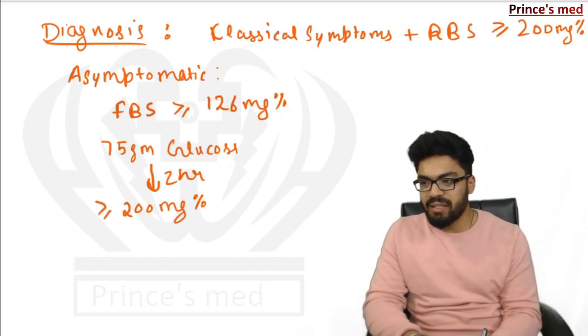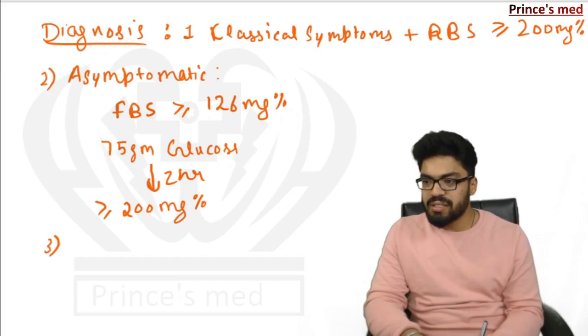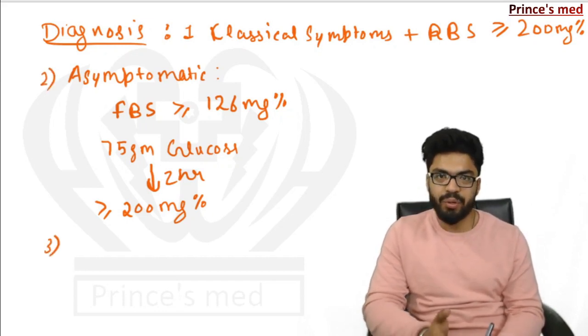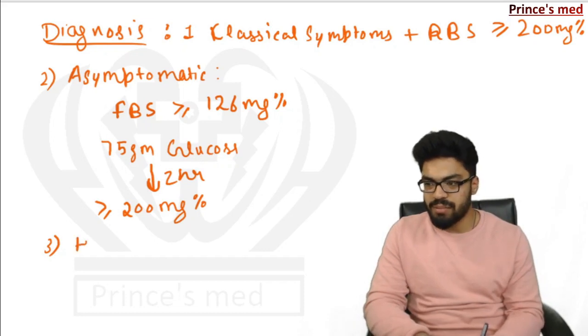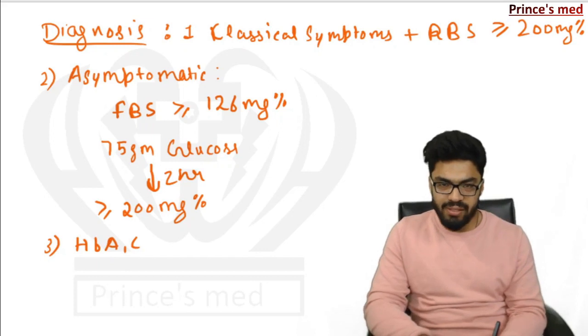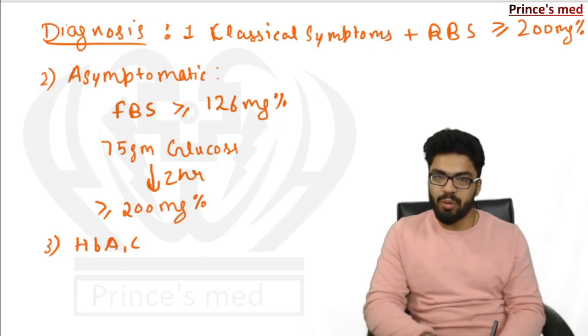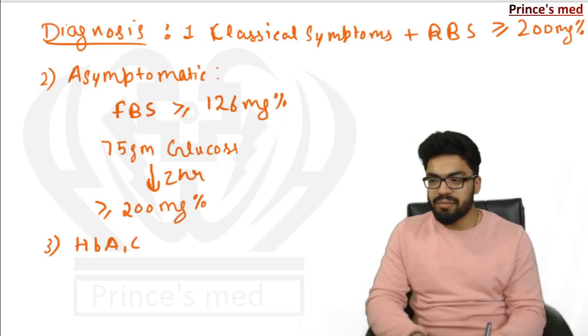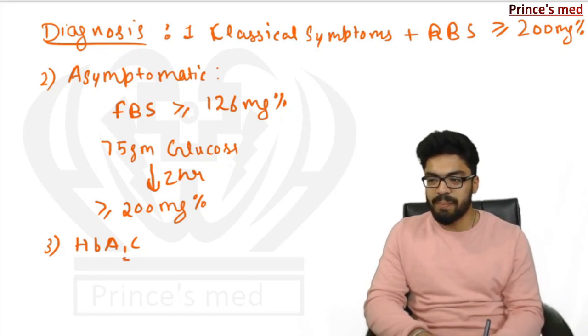And the next method is the glycosylated hemoglobin test, HbA1c, because glucose is bound to the first carbon of hemoglobin in the blood, that's why we say HbA1c.